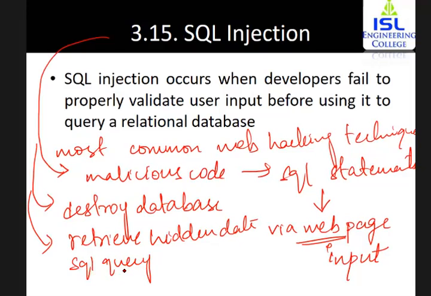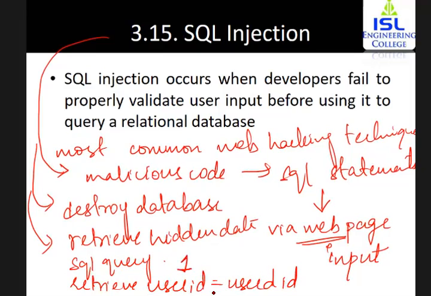When you make changes within the SQL query, what happens is that if, suppose, you give an input to retrieve a specific user ID, where user ID is equal to user ID, and the user gives input as 1, then wherever you have the value 1 equal to 1, it is going to retrieve all the different files that have the value 1.